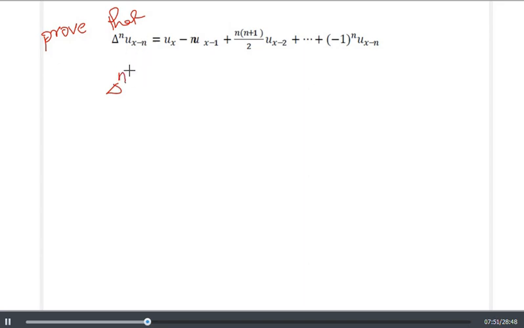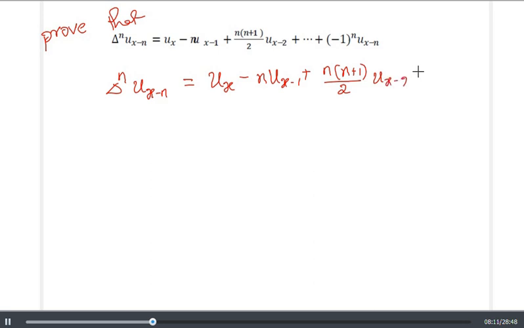Forward difference operator applied n times on u_(x-n) equals u_x minus n into u_(x-1) plus n into (n plus 1) by 2 into u_(x-2) plus and so on, plus (-1) to the power of n into u_(x-n). Okay, so this is what they're asking us to prove.